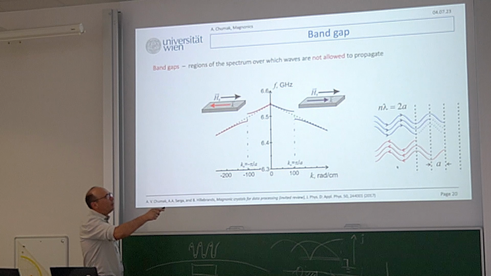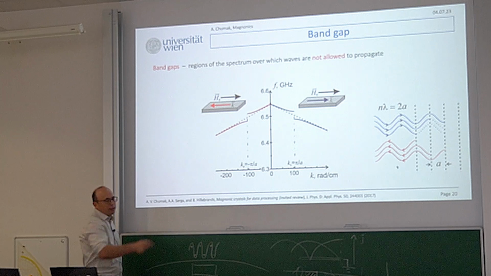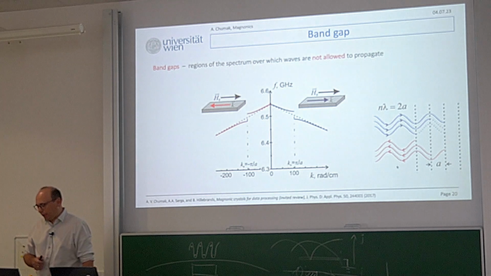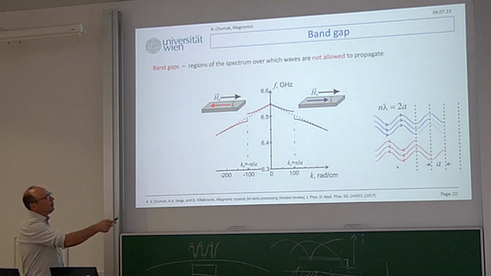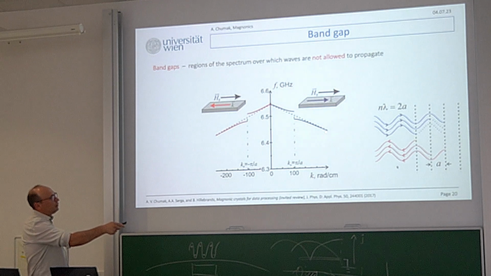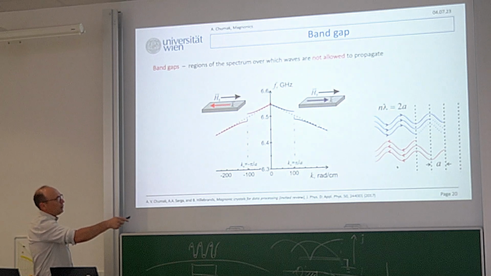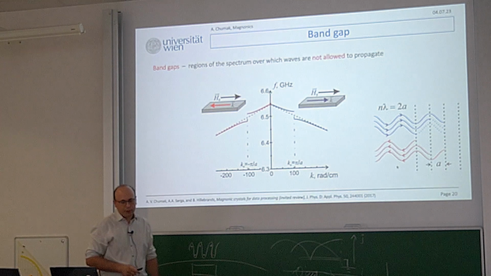So there will be such an opening. It means that spin waves with this k, in this frequency range, will be reflected. So for them it acts as a crystal, as a mirror. But as soon as you go to larger k, so smaller wavelengths, or smaller k, larger wavelengths, it does not work as a mirror, like it's shown here.